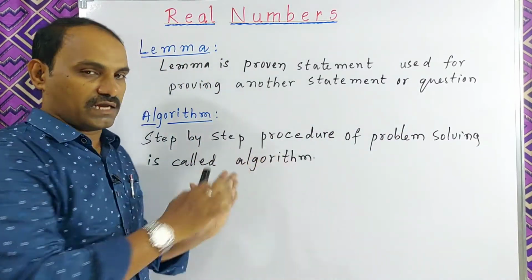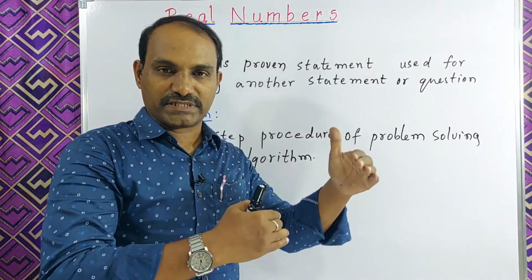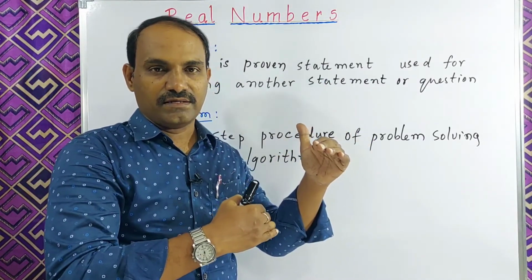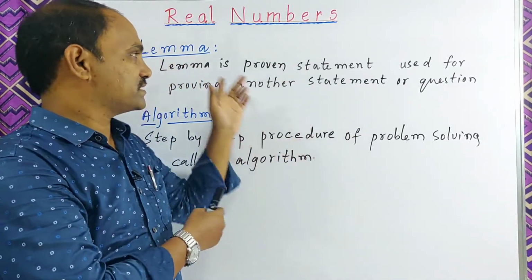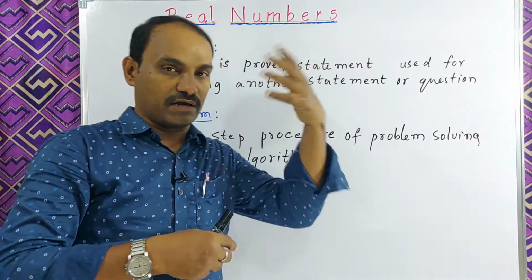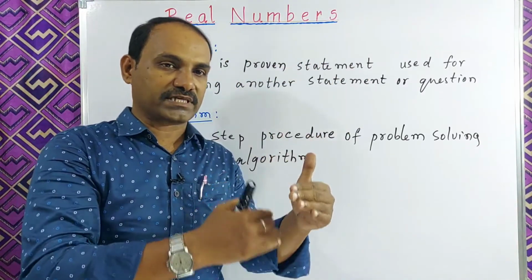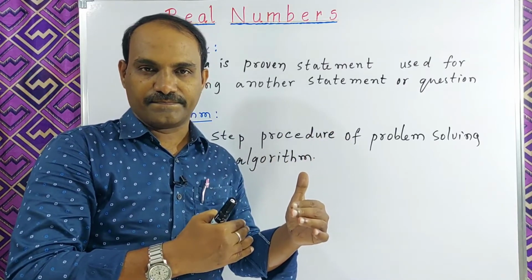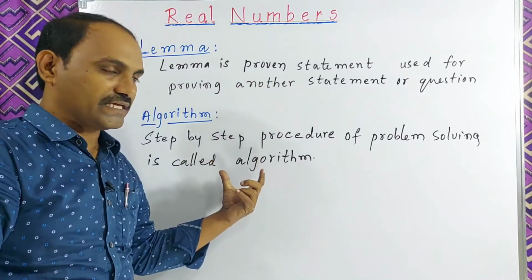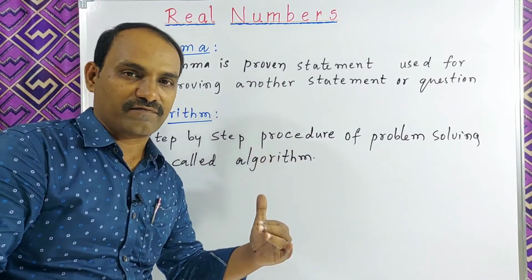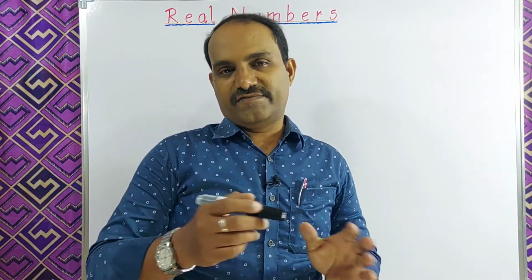Overall, a lemma is a statement already proven, and an algorithm is the step-by-step procedure of problem solving. One is a statement, the other is a method of problem solving. Is it understood?